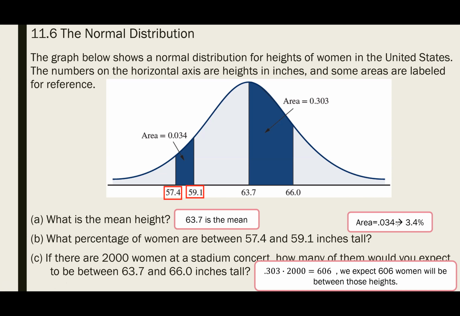Basically, we take this number times 1,000, and 3.4% of 1,000 is 34. So if we have 1,000, there will be 34 of them between this height.